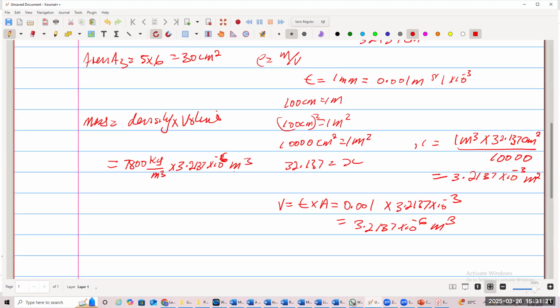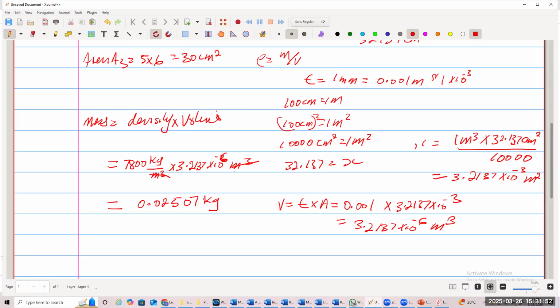So the meters cancel, and you're left with kilograms alone. So that times 7,800, it is 0.0251 kg.